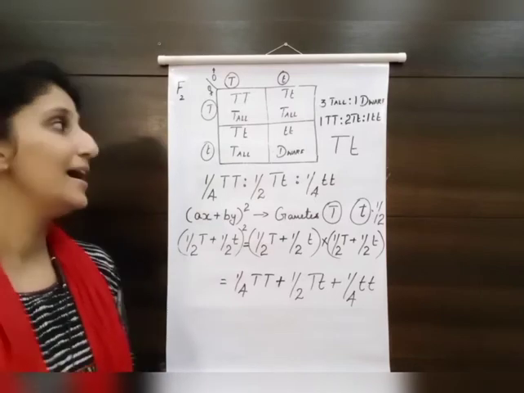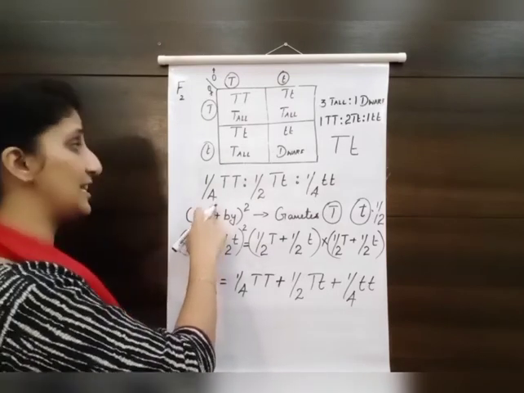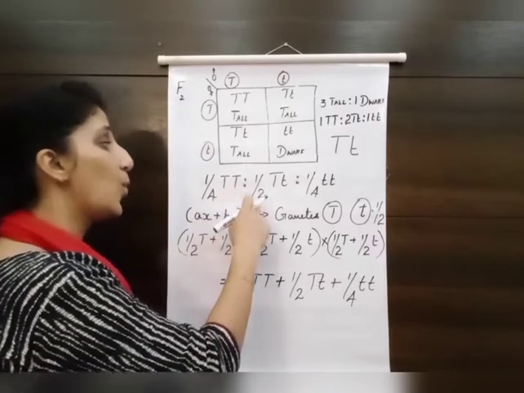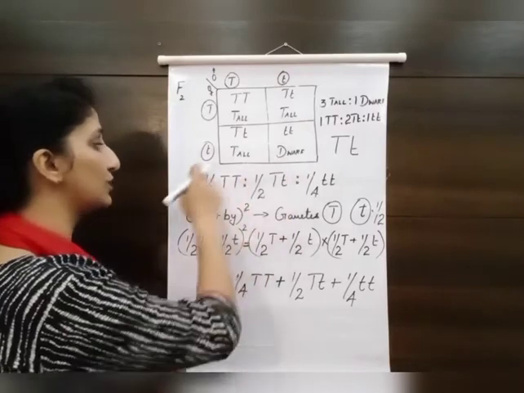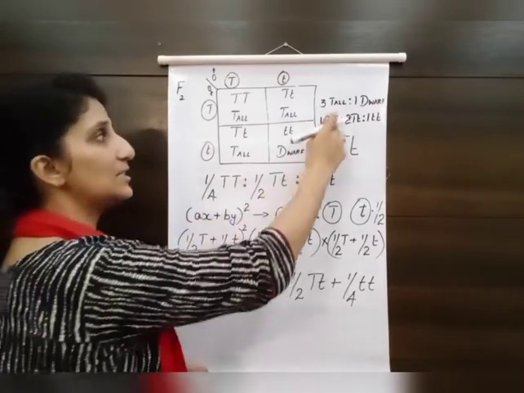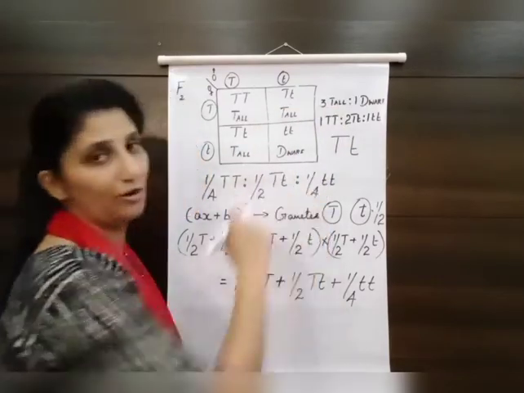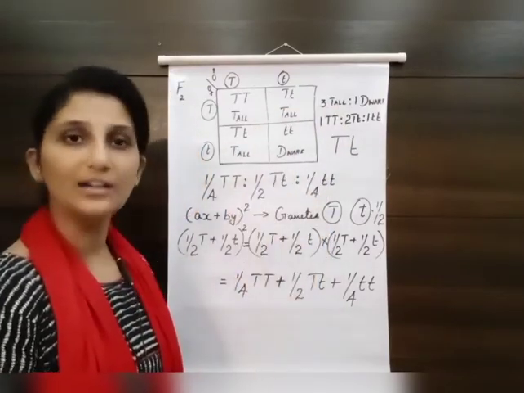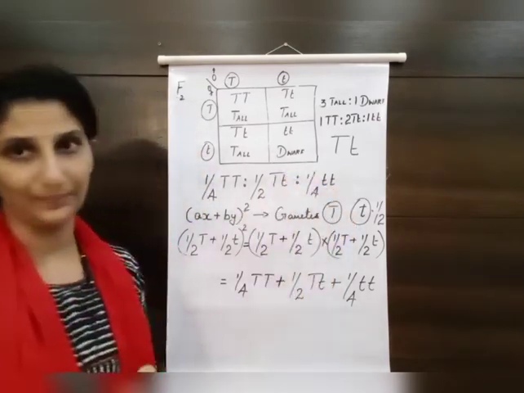Is it clear? And that's why we get the ratio 1/4 TT to 1/2 Tt, and this accounts for the 3/4 of the phenotypes being tall, and 1/4 of the F2 hybrids are dwarf with the genotype tt.